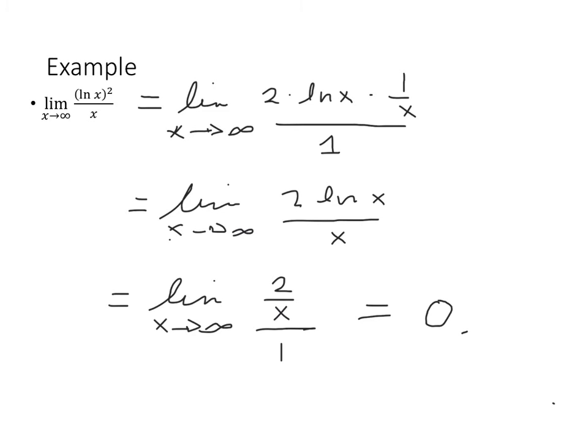Now we might have expected that from the very beginning, because if you go back and look at the very first quotient, the square of the natural log of x over x, natural logarithm grows very, very slowly. Even the square of the natural logarithm grows very, very slowly, much more slowly than x does. And so you would expect this quotient to be getting small.